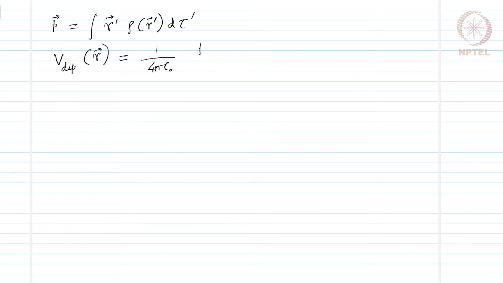It is denoted as small p vector that equals r prime vector times rho as a function of r prime, that is the volume charge distribution, integrated over the volume. So, in terms of this, the dipole potential turns out to be 1 over 4 pi epsilon naught, dipole moment dot the direction of our position vector, over r squared.